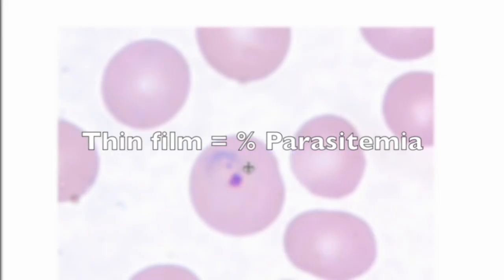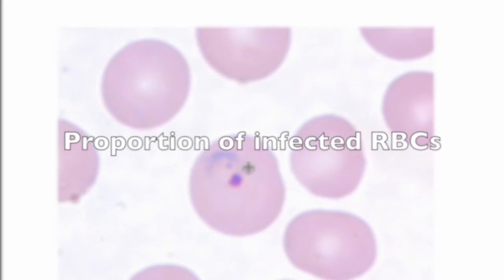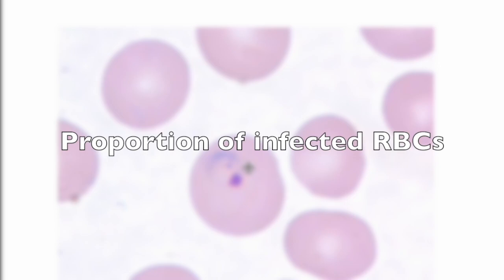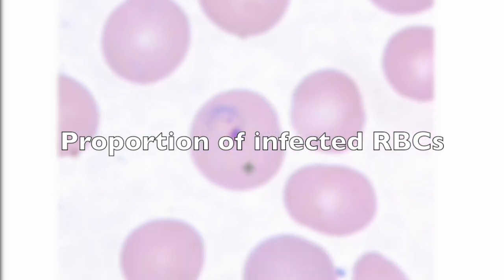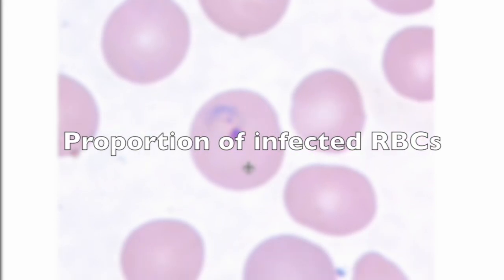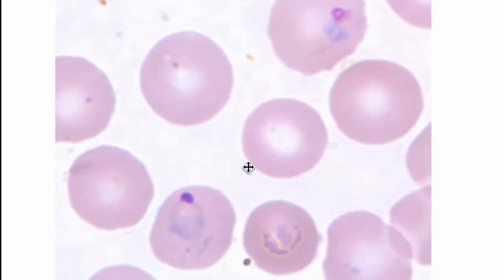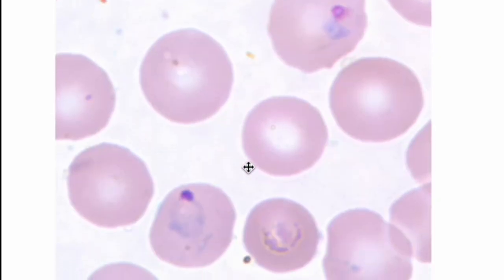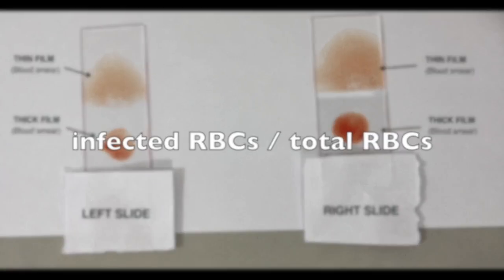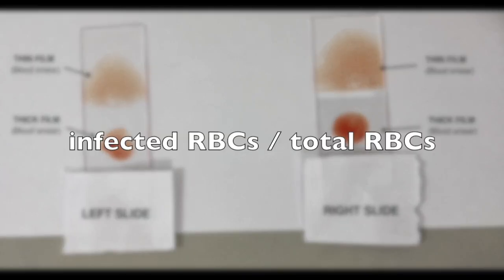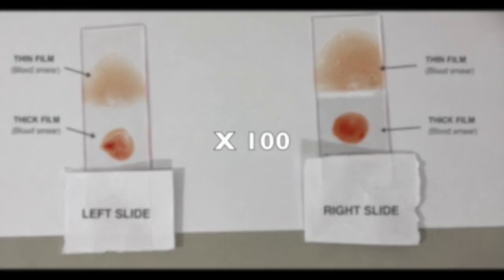Now we're interested in a different question. What proportion of the red cells are infected? So instead of counting parasites against white blood cells, we count them with reference to the red blood cells. So here we have percent parasitemia as your infected red blood cells divided by the total number of red blood cells counted. Then you multiply by 100 because it's percent.